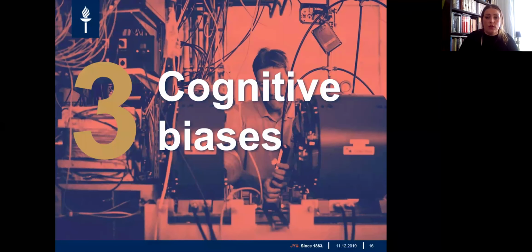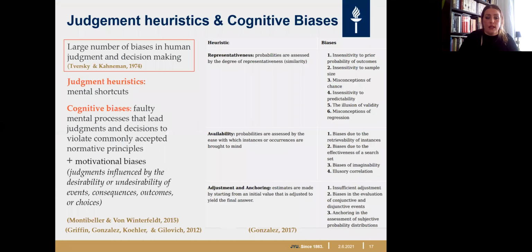Then we move to cognitive biases, which are often termed judgment heuristics and cognitive biases, the HB approach, the heuristics and biases approach. And since Tversky and Kahneman, there's been a large number of biases identified in human judgment and decision making. If I remember correctly, there's maybe 150 of those, and the amount is increasing. Judgment heuristics are seen as mental shortcuts.